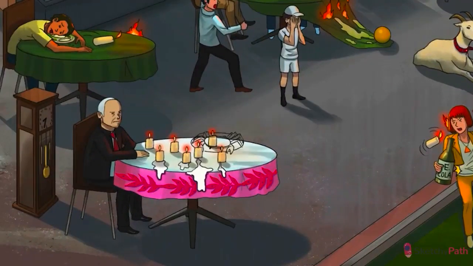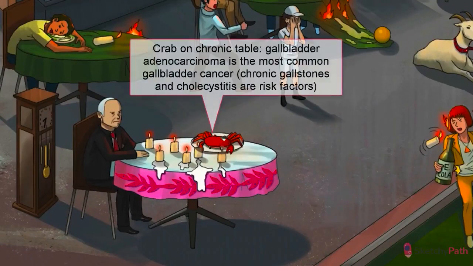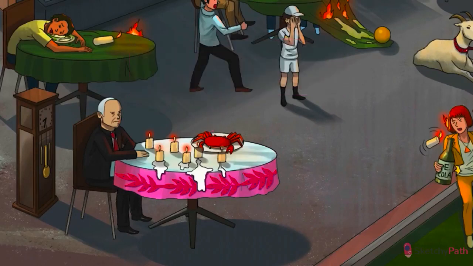All right, we've reached our final topic. Gallbladder cancer, a rare but incredibly deadly disease. Gallbladder adenocarcinoma is the most common malignancy of the gallbladder. That doesn't mean it's common overall, though. This is a very rare condition, affecting 3 in 100,000 people annually, with a poor prognosis.